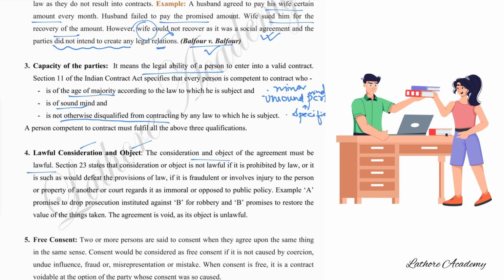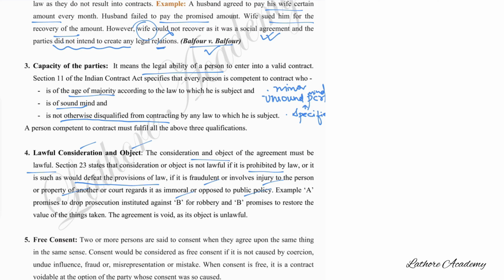Section 23 defines this particular aspect, that consideration is considered lawful unless it is forbidden by law, or if it is such that it defeats the provisions of law, or if it is fraudulent, or if it involves any injury to the person or the property of another, or courts regard it as immoral or opposed to public policy. Then we cannot call it lawful consideration. In such case, the agreement is not valid. So it becomes illegal and unlawful, and the agreement is rendered void.